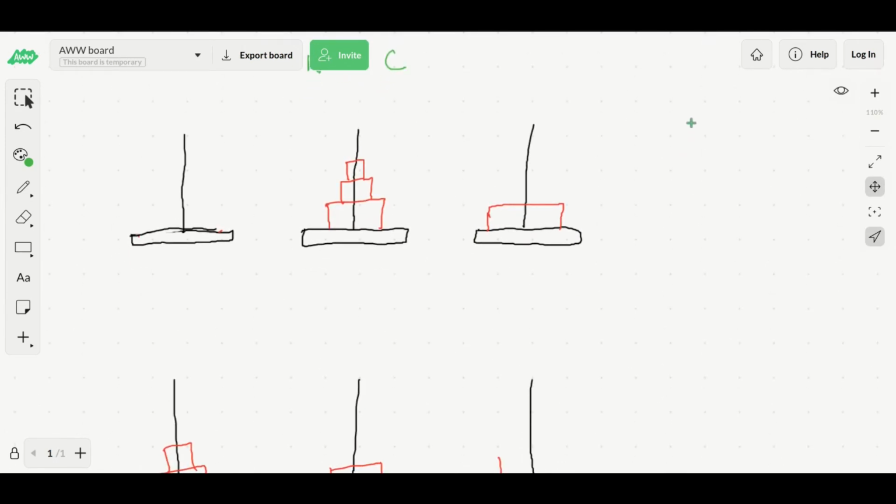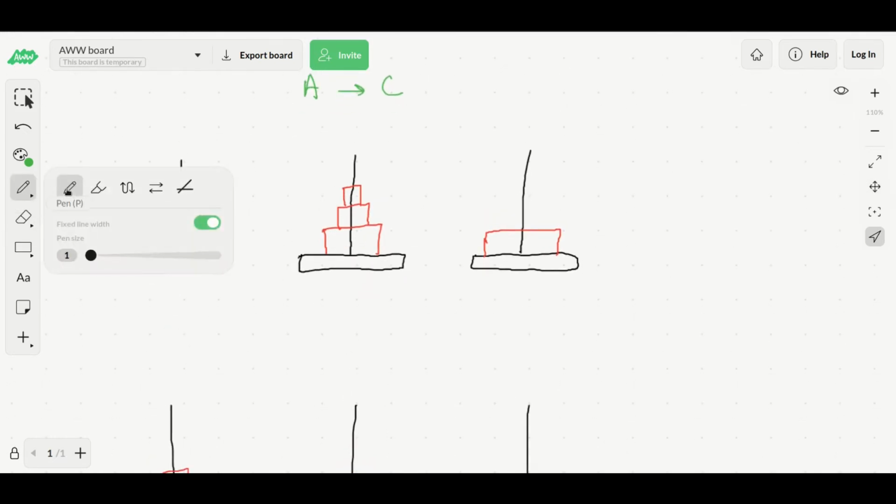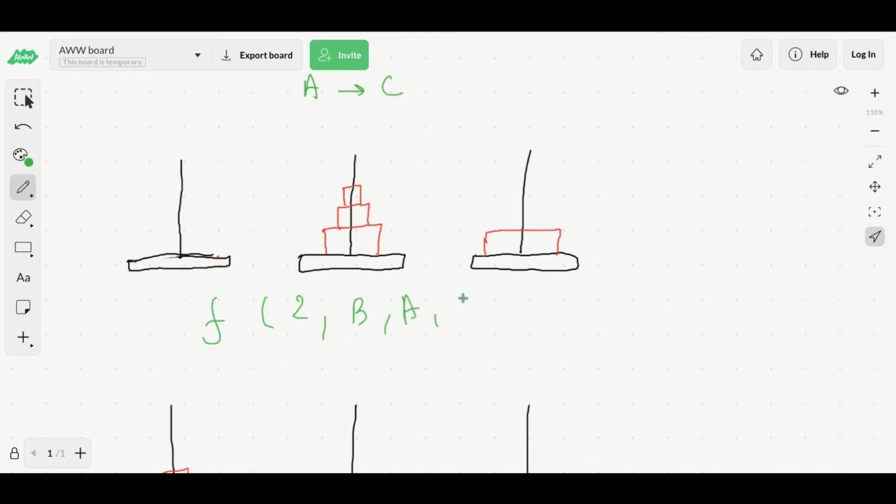And here again, what we need to do is to move these two upper disks to here, so we could free this bottom disk. So basically we will move 2 disks from B to A using C to get to this position.